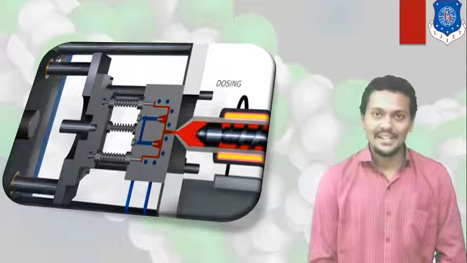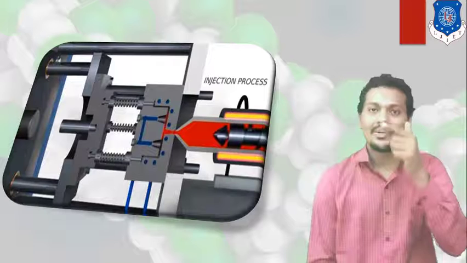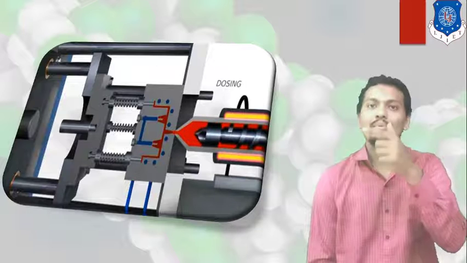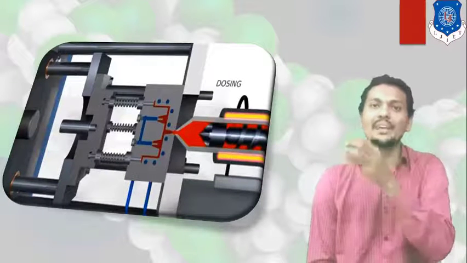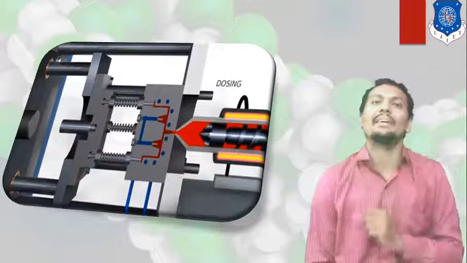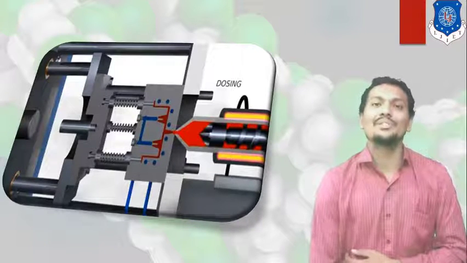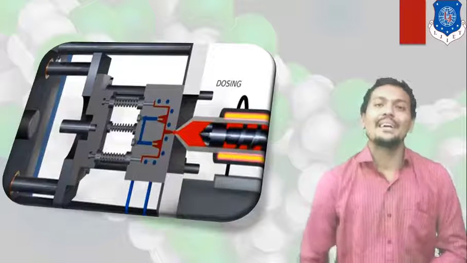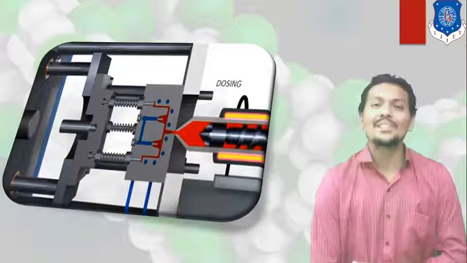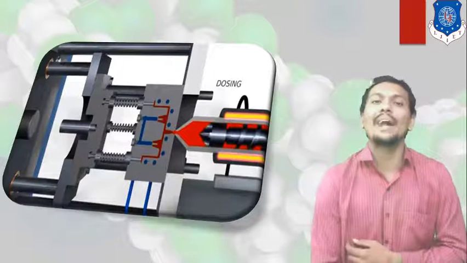As per our discussion, your plastic will be converted into liquid with the help of a heater, and with the application of screw type construction or piston type construction, you can flow your liquid plastic into the cavity, and after cooling you can eject your component, right? This is the very simple process that is known as the injection molding process. Your purpose is to make any component according to your die shape, right?